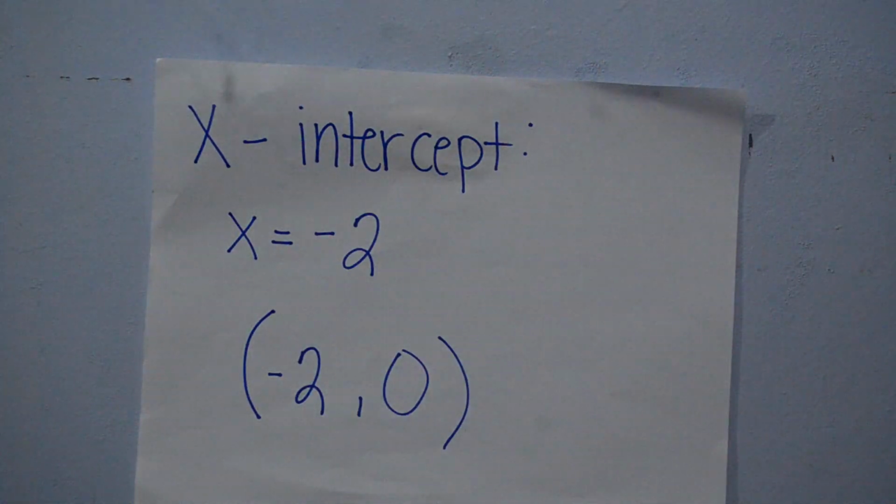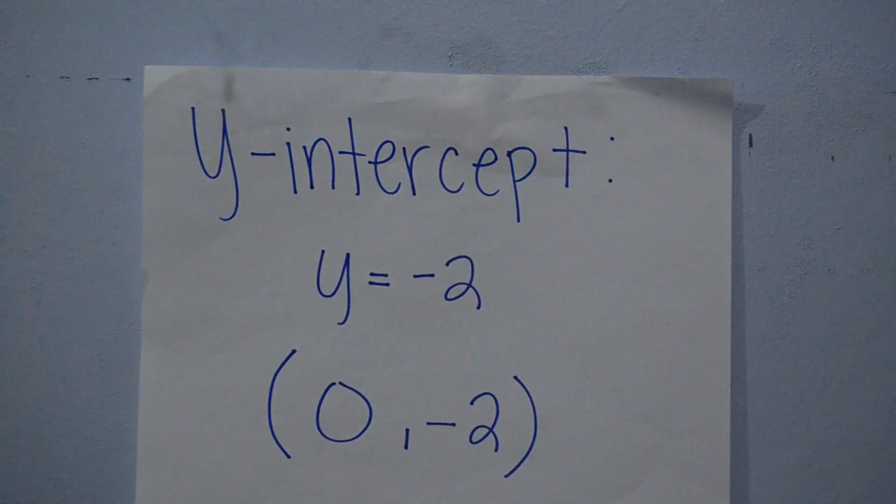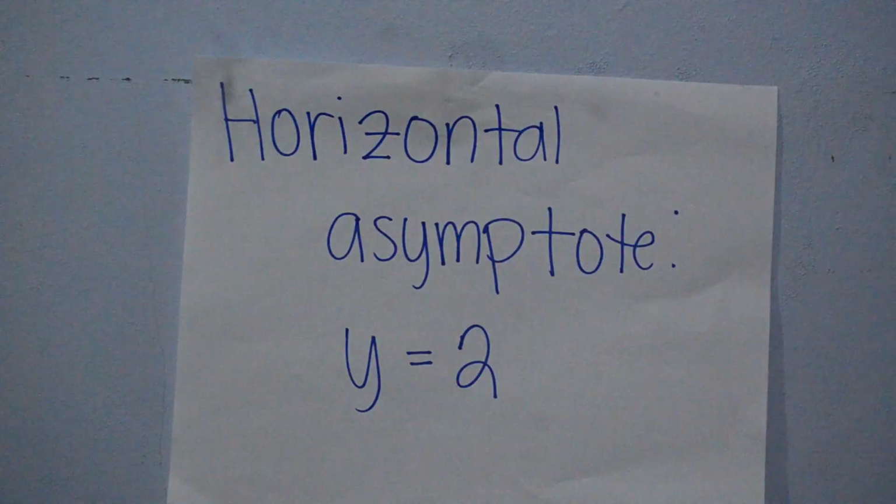So our x-intercept is negative 2, or negative 2 comma 0. Our y-intercept is negative 2 as well, or 0 comma negative 2. And our horizontal asymptote is positive 2, same as our vertical asymptote, which is positive 2.